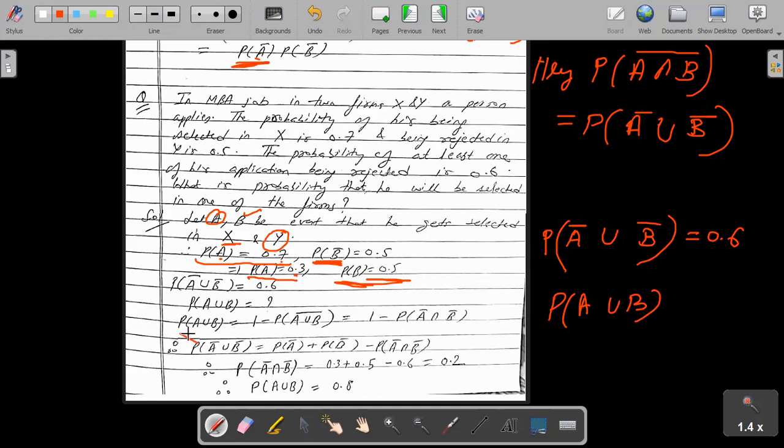अभी हमने De Morgan's law, so we know this is 1 minus probability of A union B complement. So again De Morgan's law से क्या हो गया? 1 minus probability of A complement intersection B complement. तो अब ये प्रोबेबिलिटी हमें निकालनी है किसकी? A complement intersection B complement की, right? So इसके लिए if you see now, so now we need the probability of A union B. So right, there are very many ways. So one way I am doing here. So what is given to you? You are given probability of A bar union B bar.